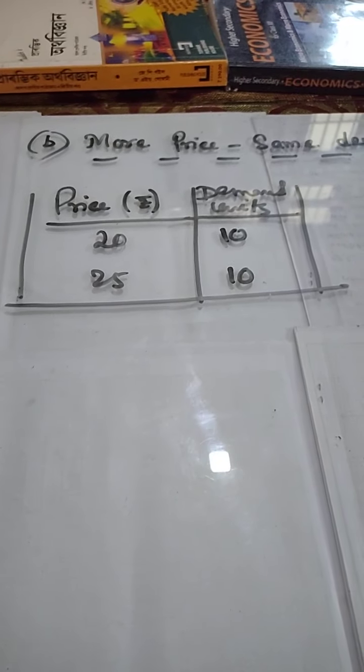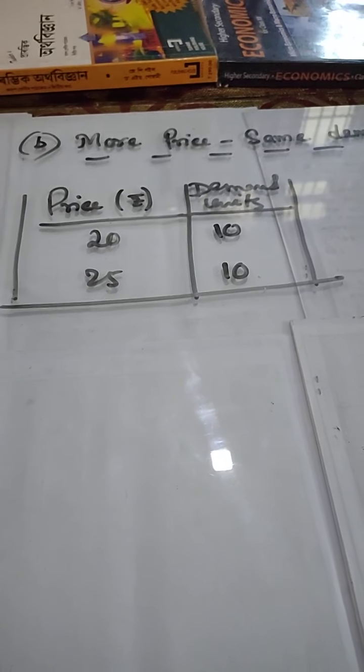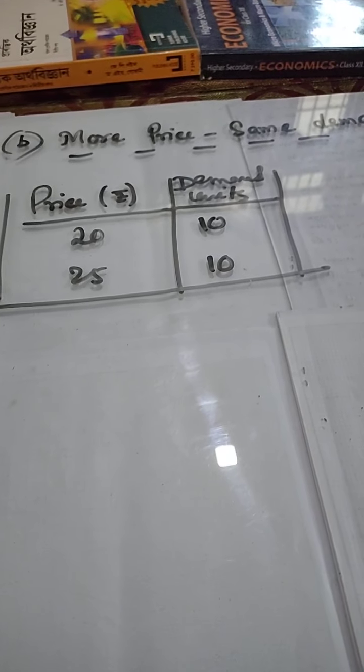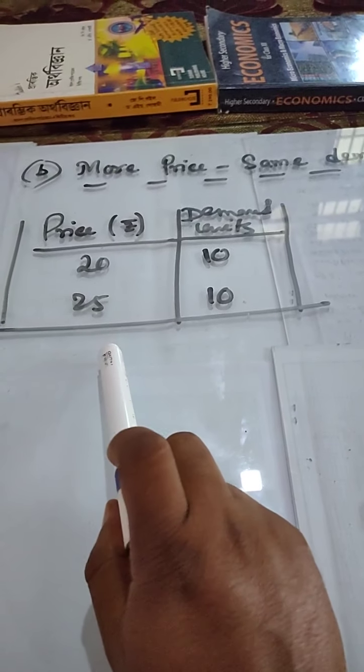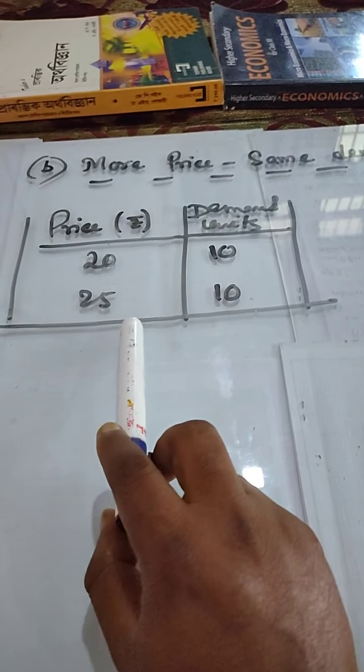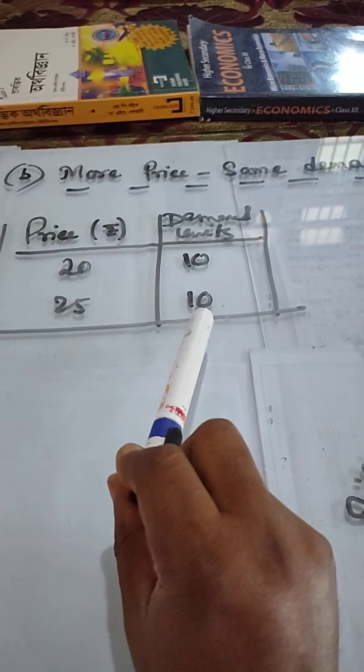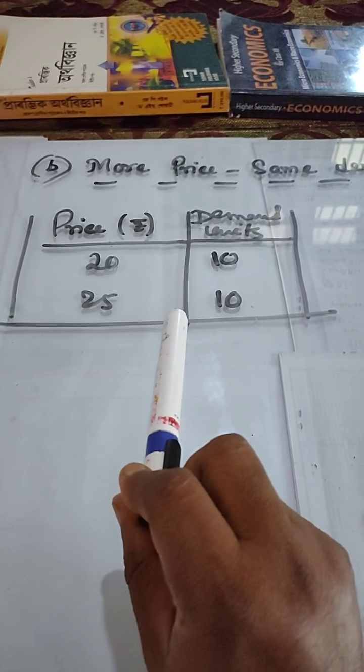Sometimes there may be an increase in the demand for the commodity in the market. Due to the increase in the demand for the commodity in the market, the consumers are now prepared or ready to pay more price for the same quantity. Can you get my point?